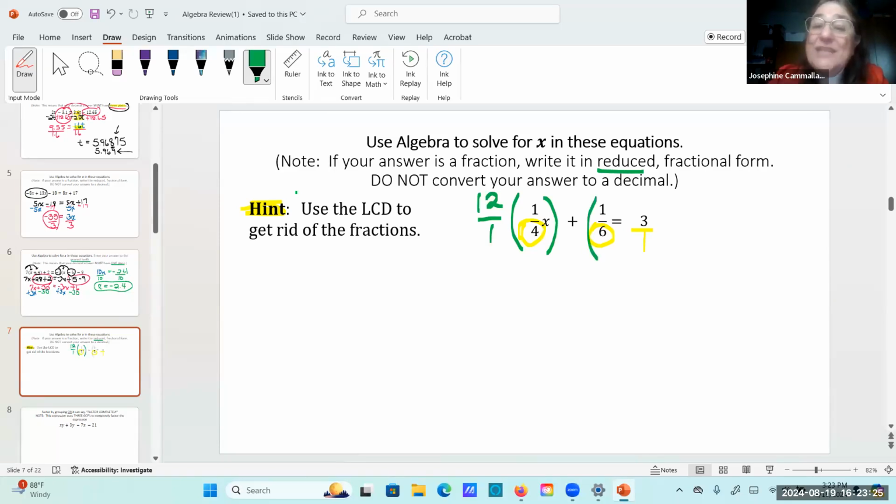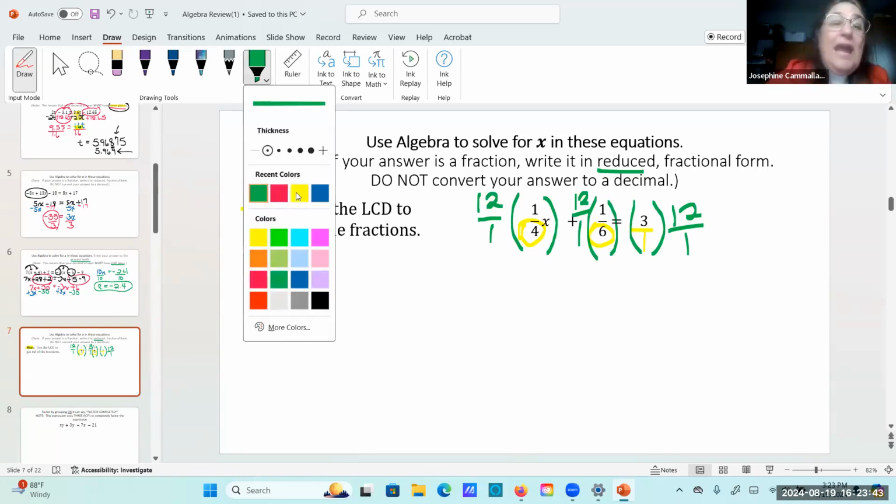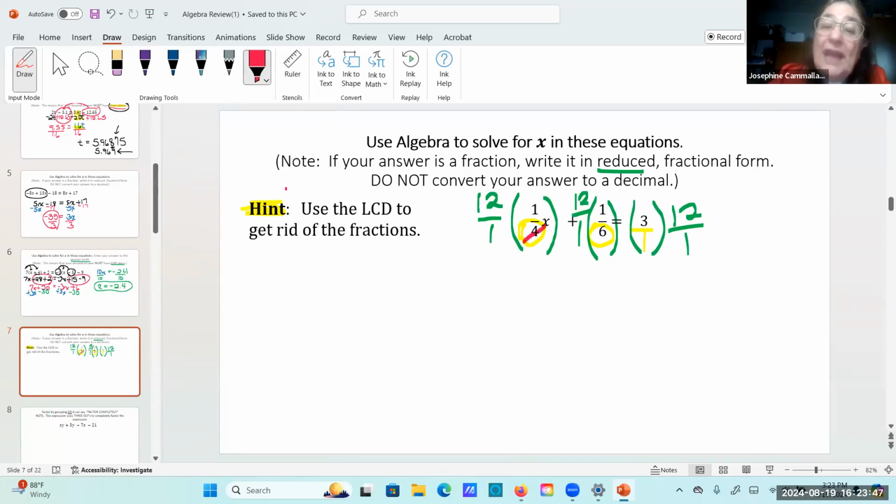I'm going to take 1/6 and multiply by 12 over 1. But I also have to remember to multiply the 3 over the 1 by 12. Because now I can cross cancel. This 4 and this 12 are going to give me 3x.